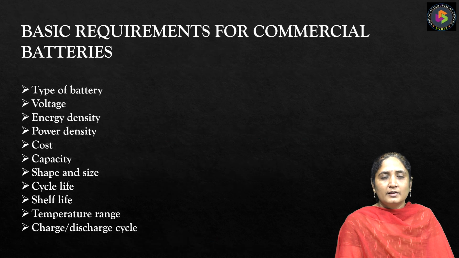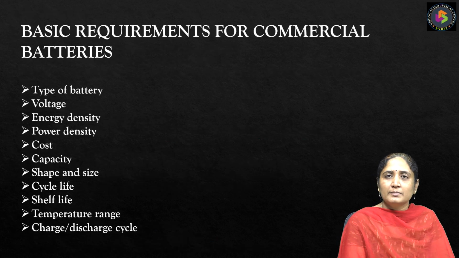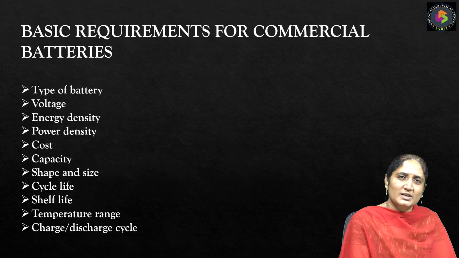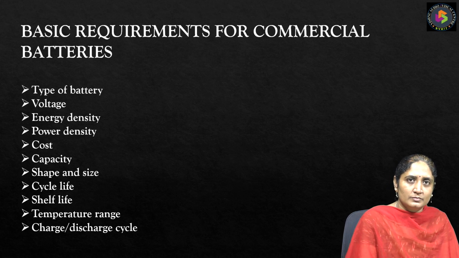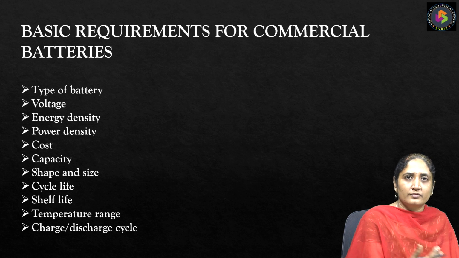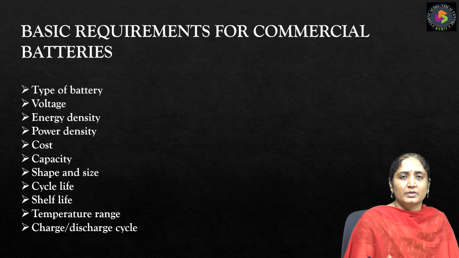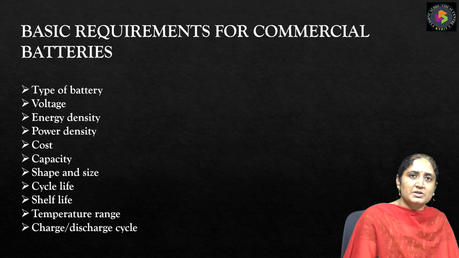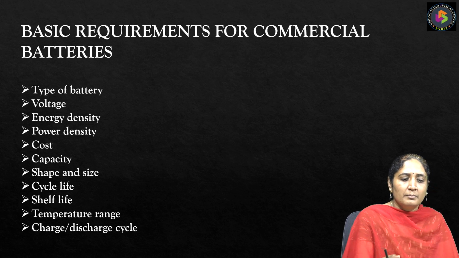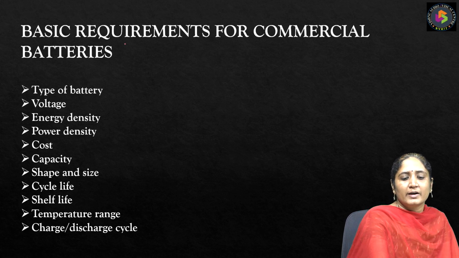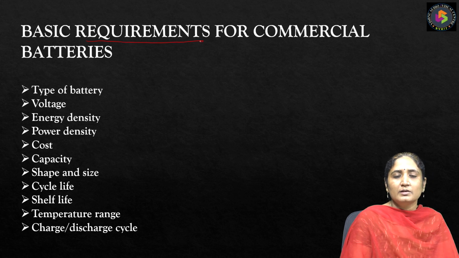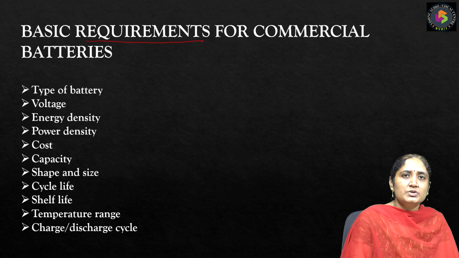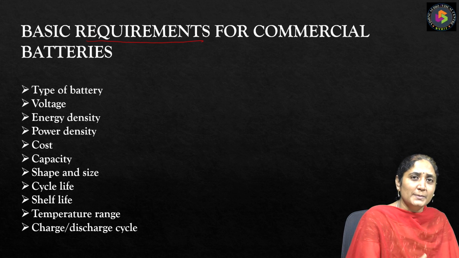And next one is about the basic requirements for commercial batteries. What is meant by commercial batteries? We discussed the mobile battery, or the batteries we use for car vehicles. Those are commercial batteries. So what are the basic requirements for a commercial battery? First, we should identify the type of battery, whether it is primary or secondary.